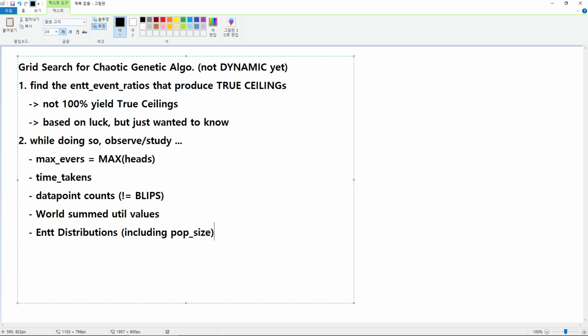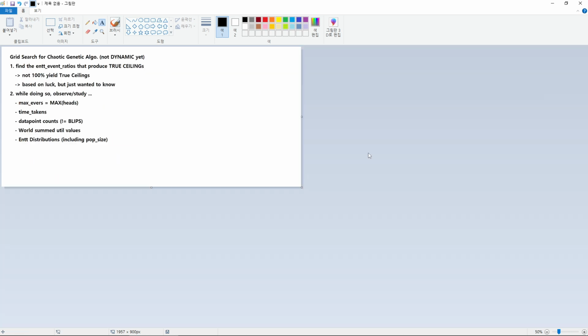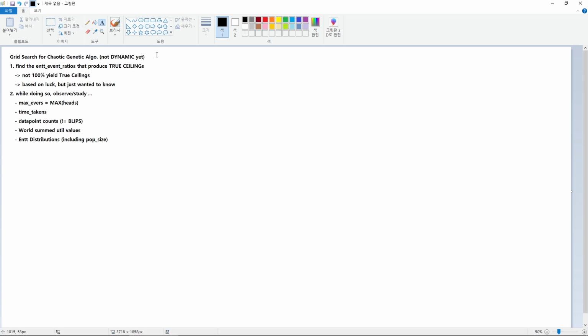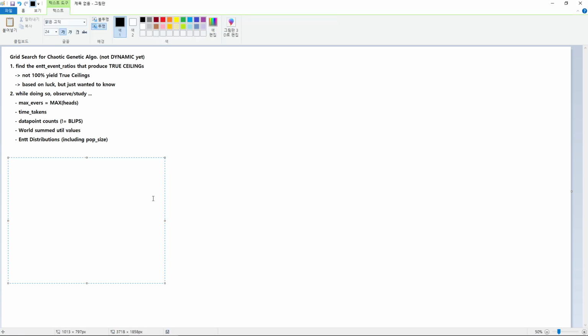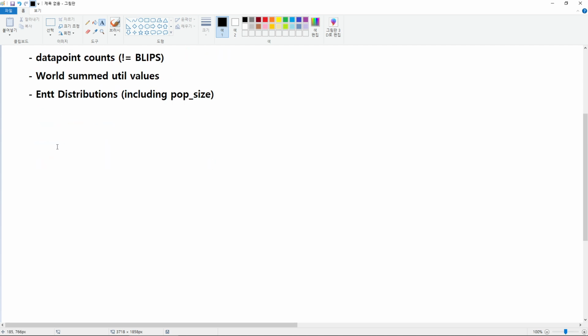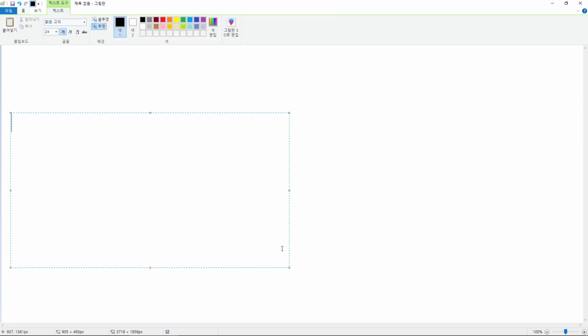And the conclusion, what I do want to look for is, towards the end, I wanted to find out the combinations of entity event ratios.